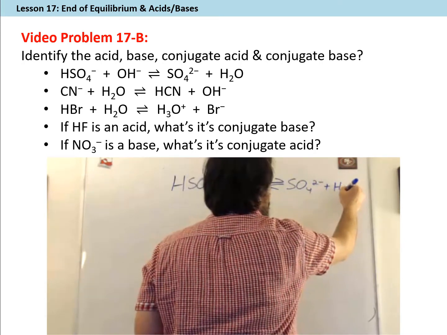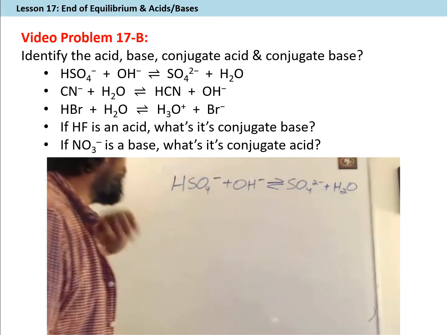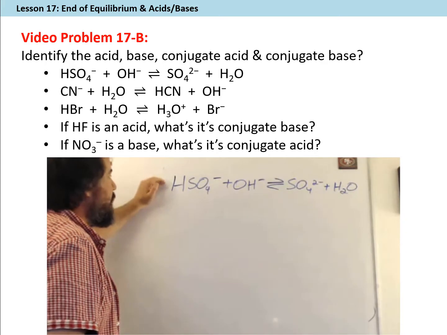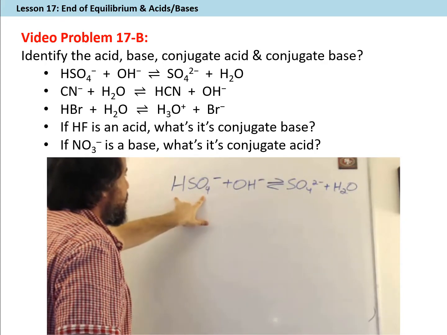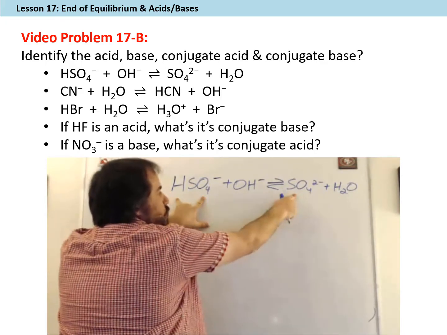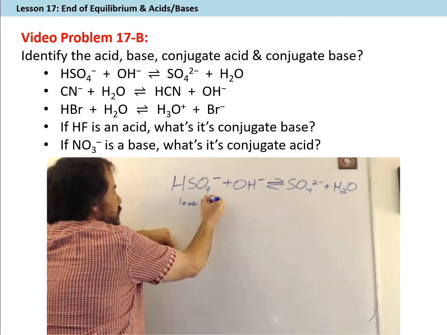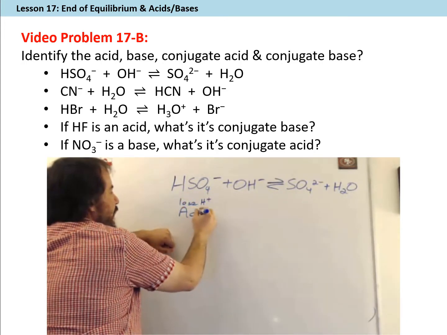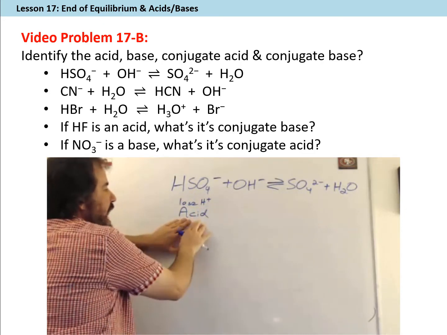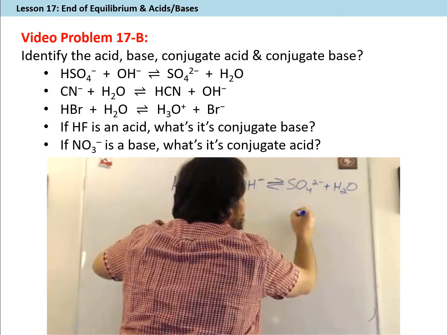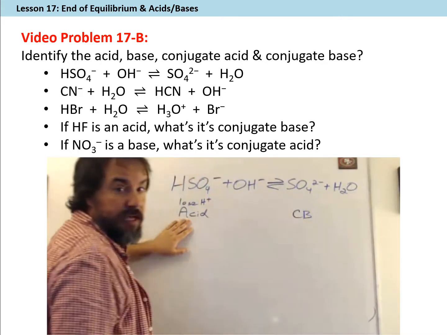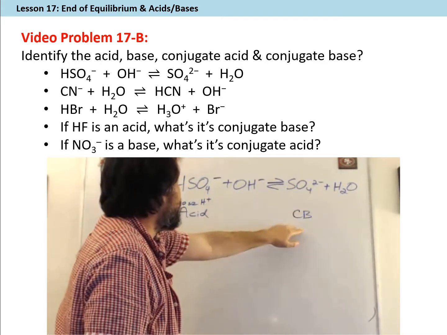Okay? So I look at this and I say, what's happening to my HSO4-? It's losing an H+. So if it loses an H+, that makes it an acid. And that acid is going to go ahead and form a conjugate base. Acids produce conjugate bases.